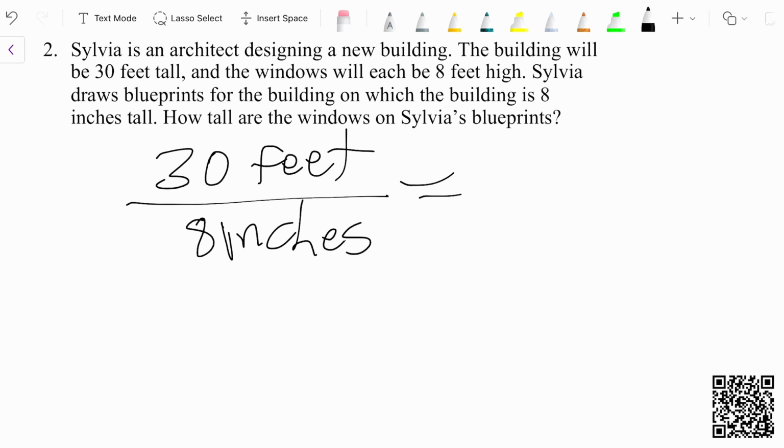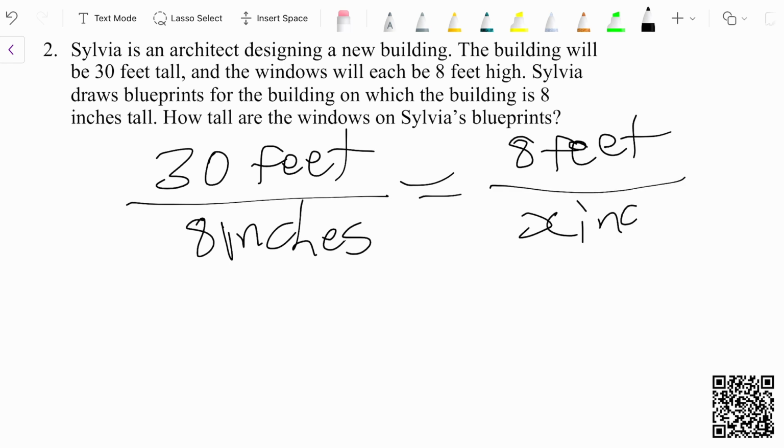It's equivalent to, since the windows will be decreased by the same amount, 8 feet over x inches. So now we can simplify. So these feet and these inches are just gone. But they're still in terms of inches.